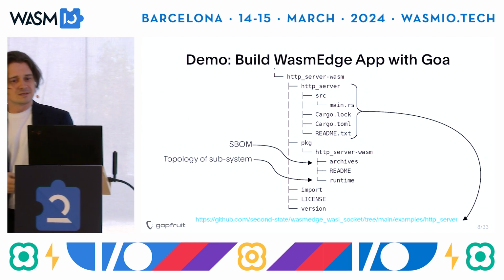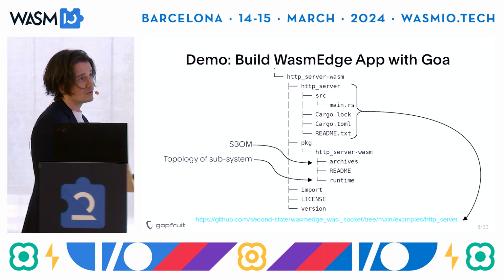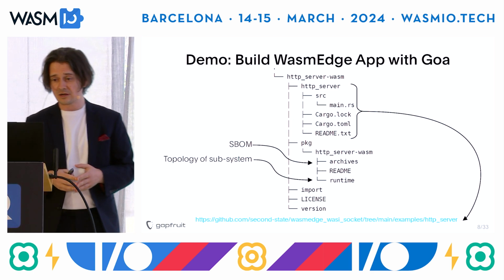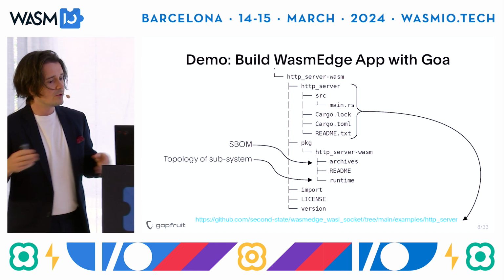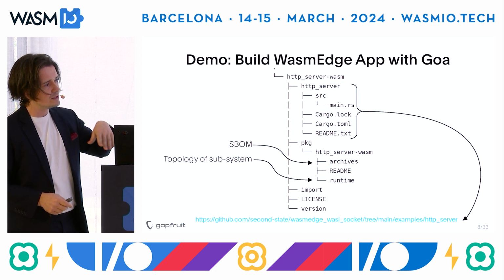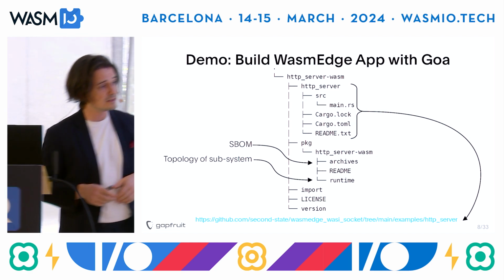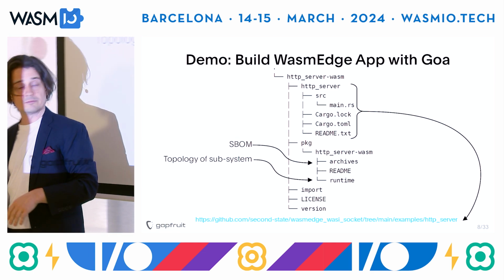So what are the ways to develop a WebAssembly app to run on Gapfruit OS? Goa is a tool that targets application developers to build, test, and publish software with different runtimes and programming languages. What we see here is the structure to package an unmodified example from WasmEdge, which is a simple Rust server.